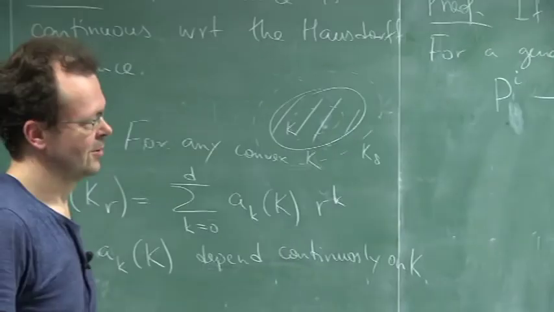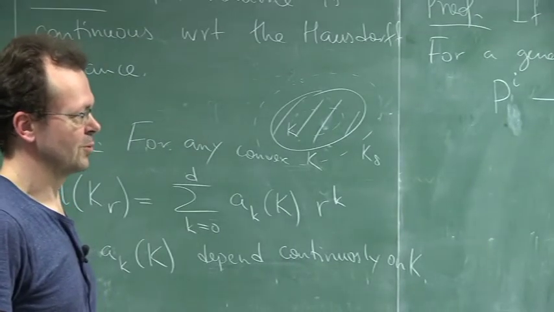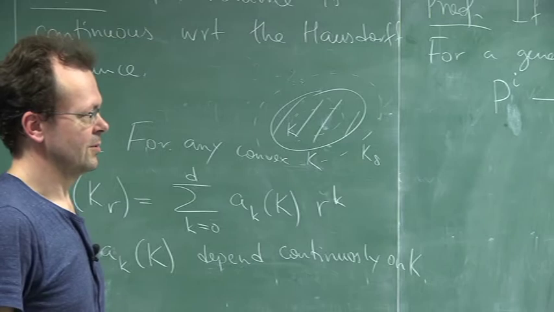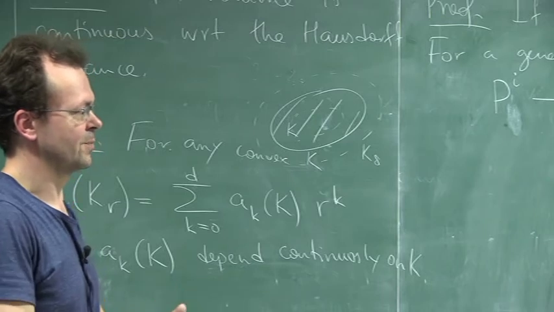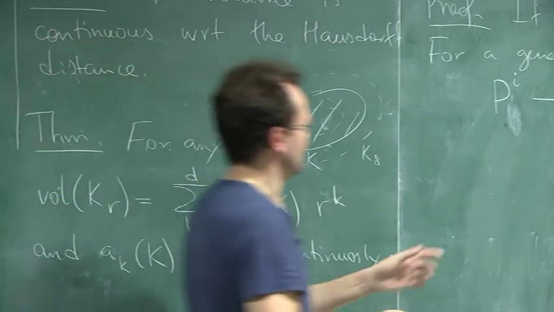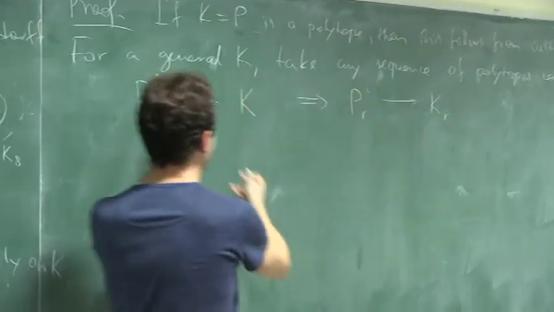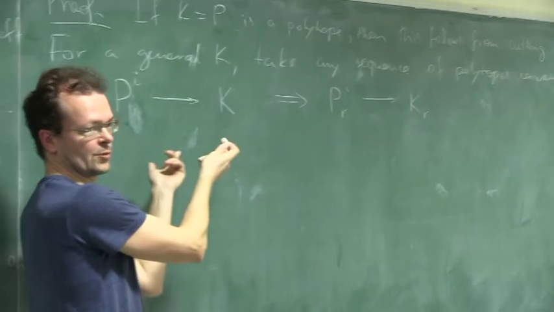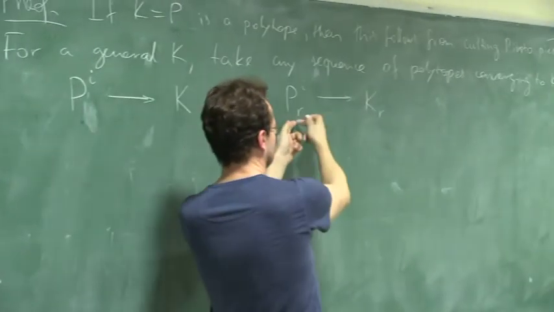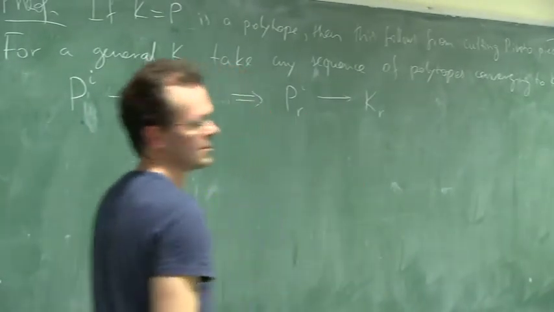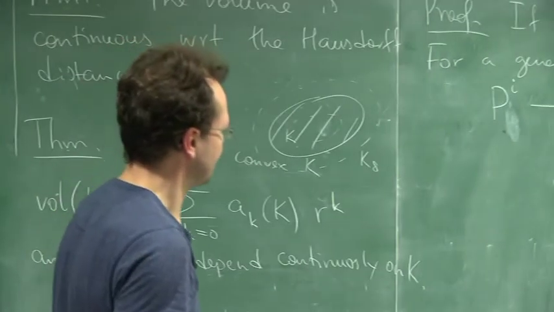And why? What do we know about the Hausdorff metric? We know that it is the uniform metric on the support functions. But in fact, the support function of this minus the support function of that is exactly the same as the support function of this minus the support function of that, because this support function has this plus R term, and so this becomes trivial. Good.